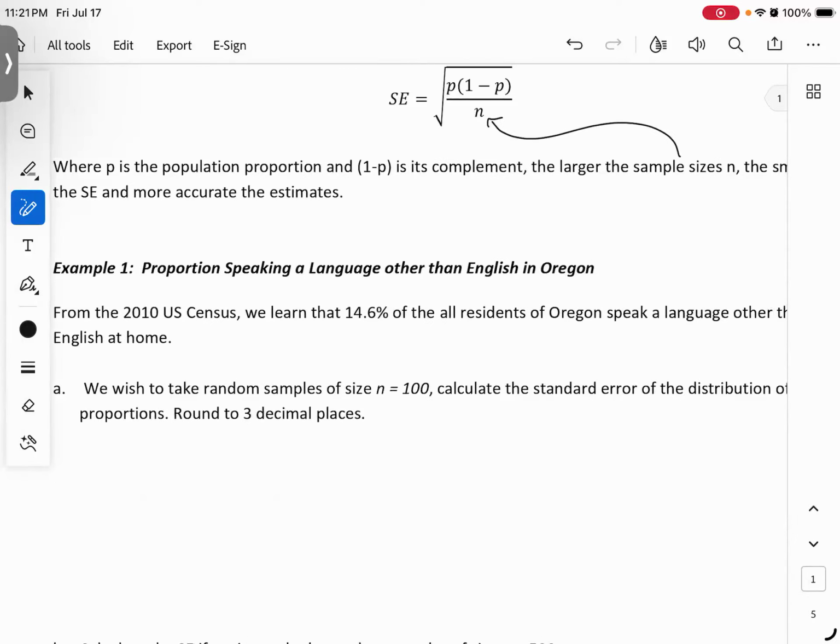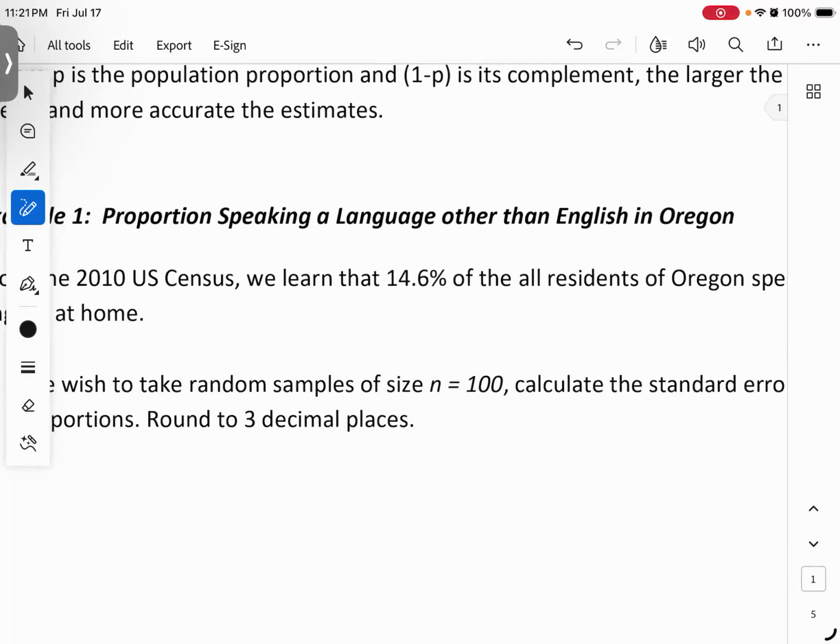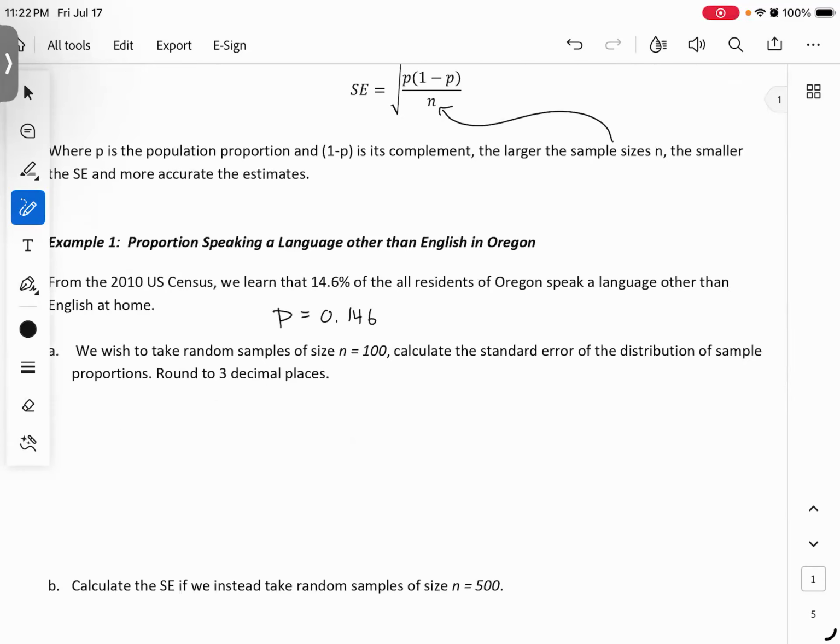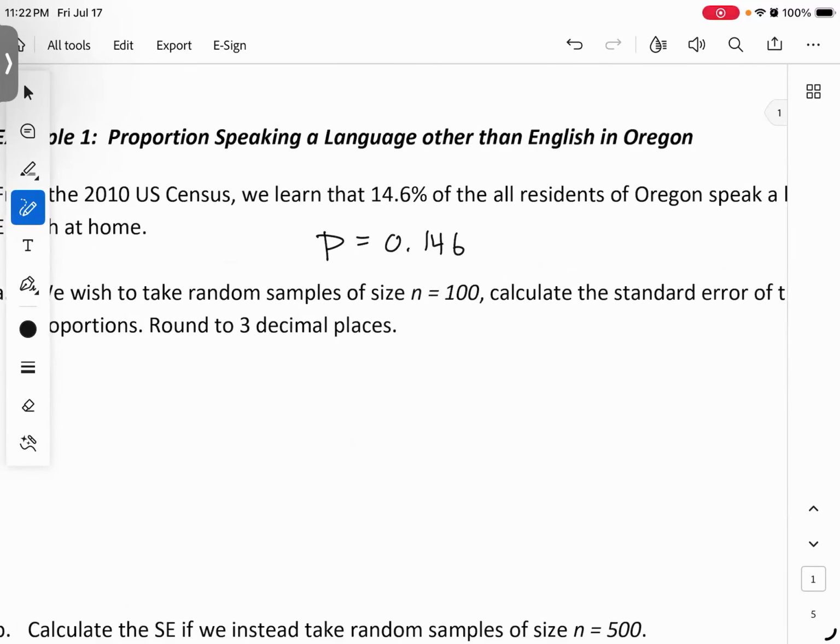For the example that we have here, again, it's about just a single group, single proportion. In 2010, when they did a census, they found out that 14.6% of all people living in Oregon spoke a language other than English at home. So that would be our proportion.